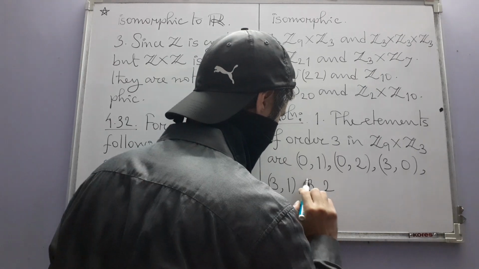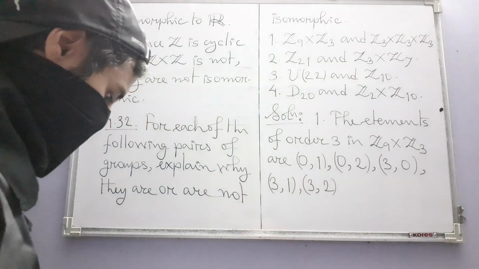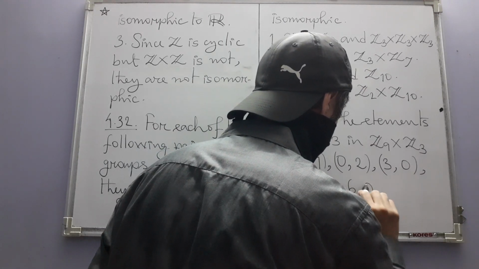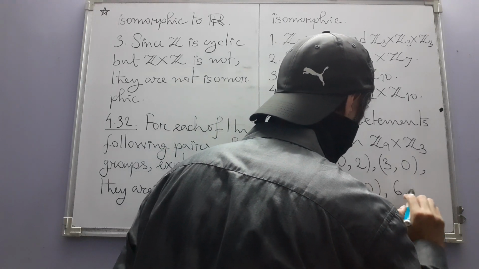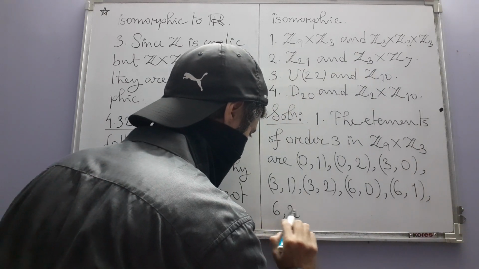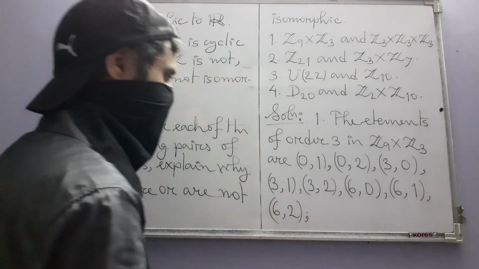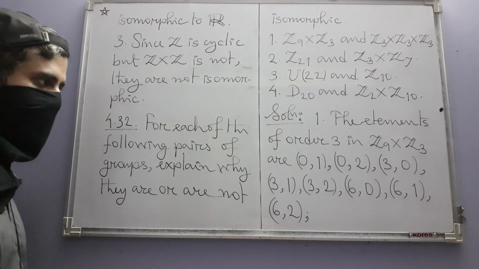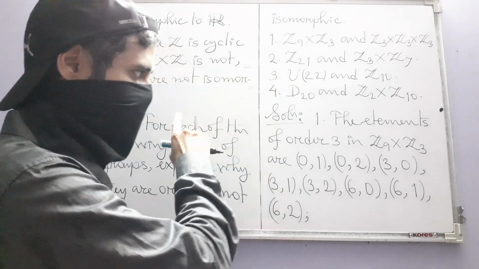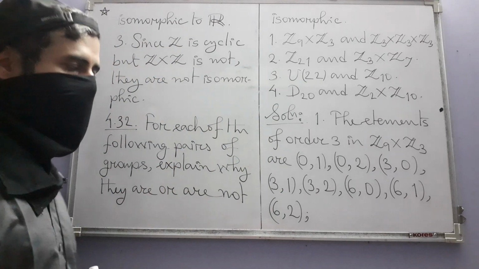3, 0, 3, 1, 3, 2, then 3 more, 6, 0, 6, 1 and 6, 2. And whatever I said about such a situation in the previous exercise, here we are going to do that.